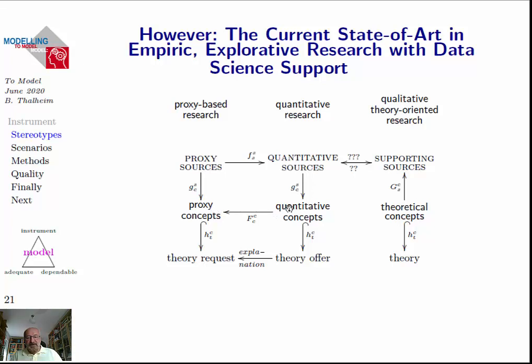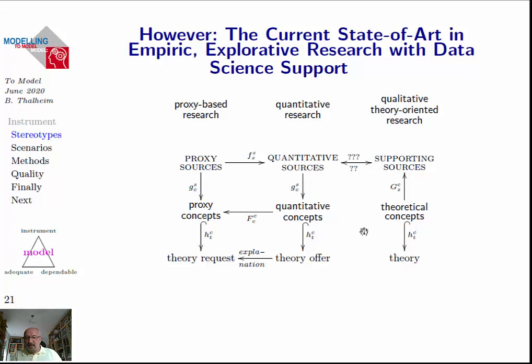That would be based, let's say, on a theory offer that could be used for explaining a theory request. We would like to have something like, in qualitative theory-oriented research, supporting sources reflected by theoretical concepts and be based or integrated into theories.